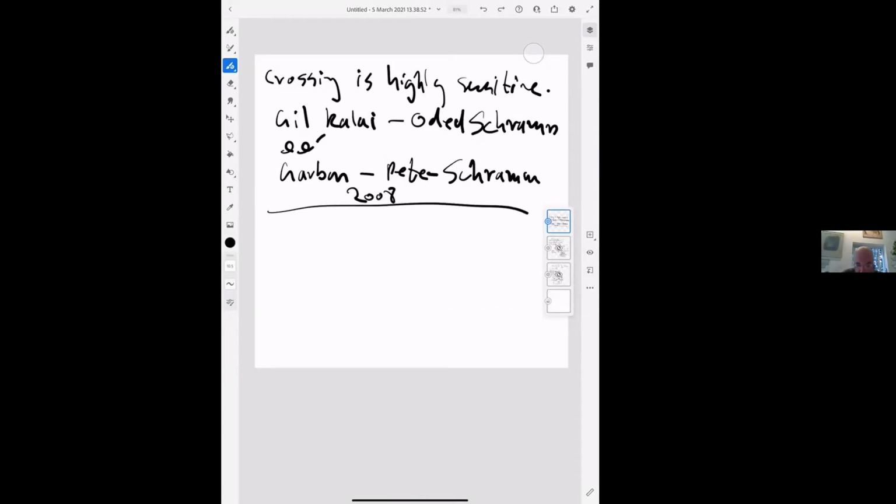Now, I was struggling, thinking, can we make some sense of this useful notion of noise sensitivity in the context of random walks on groups? And so I suggest the following.